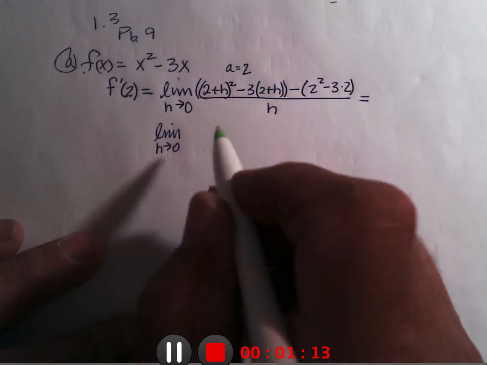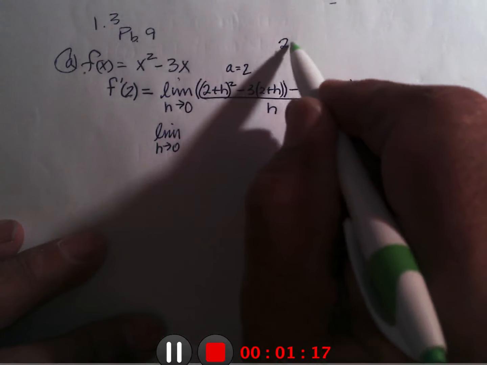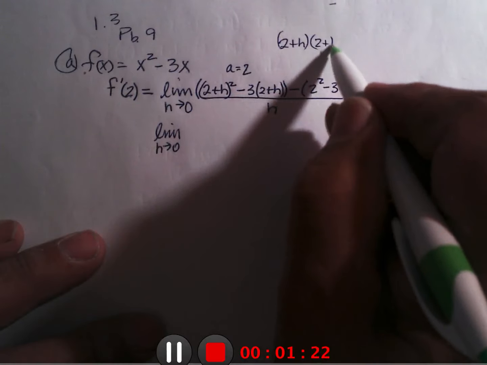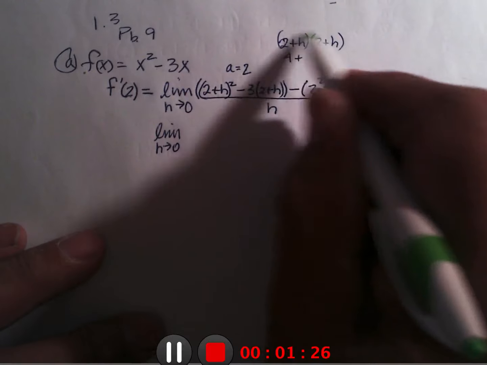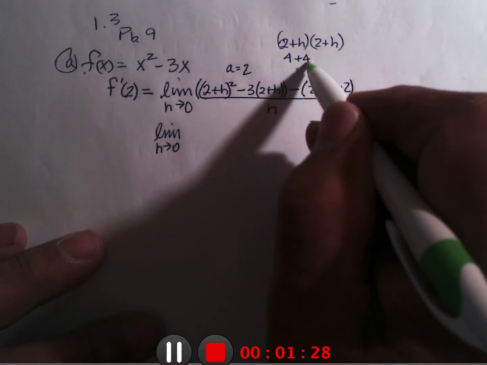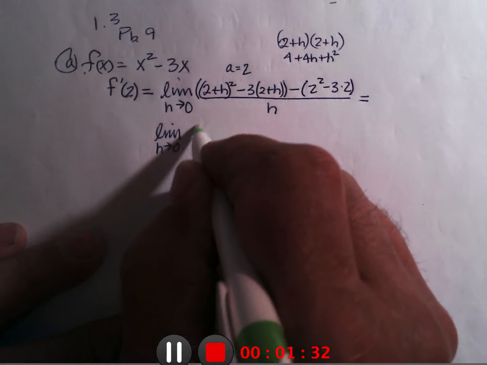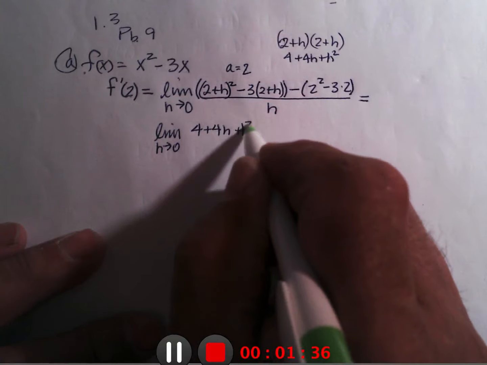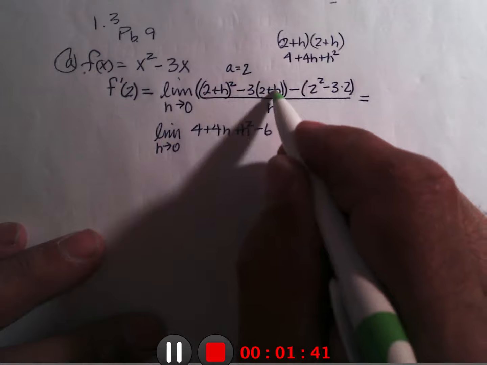This multiplied out is 4 plus 2h, and 2h is 4h plus h squared. So I have 4 plus 4h plus h squared minus 6 minus 3h.